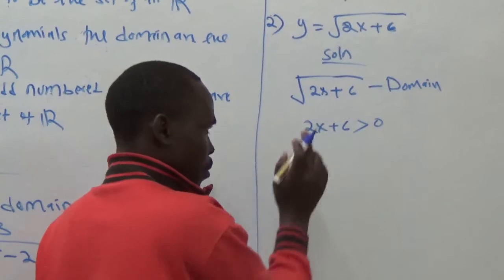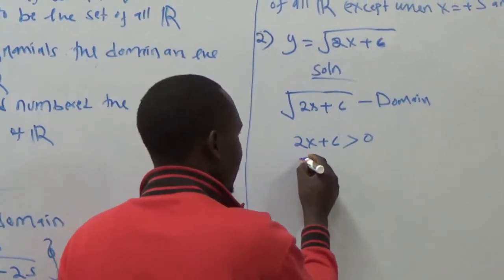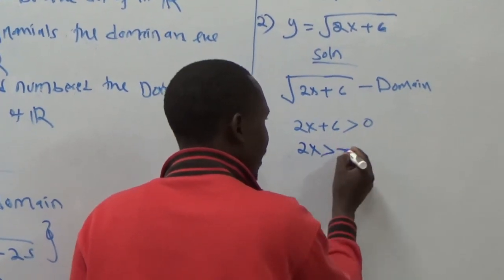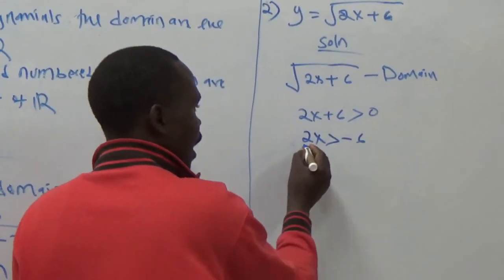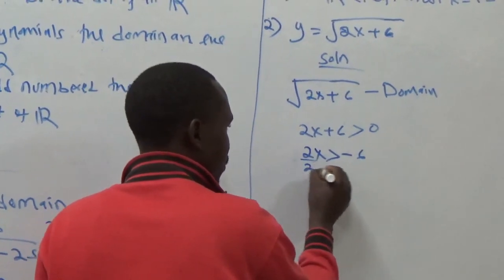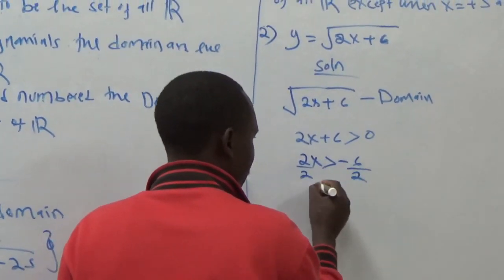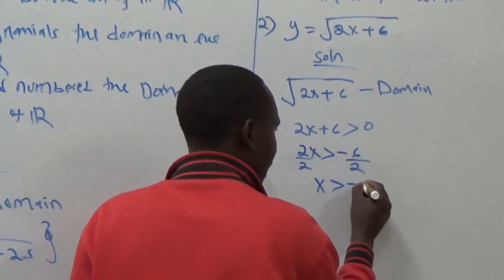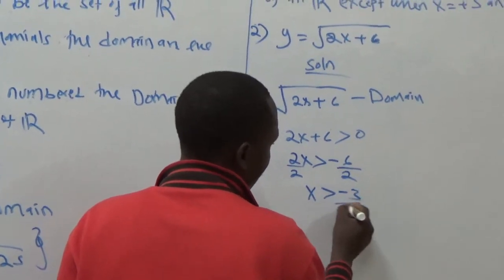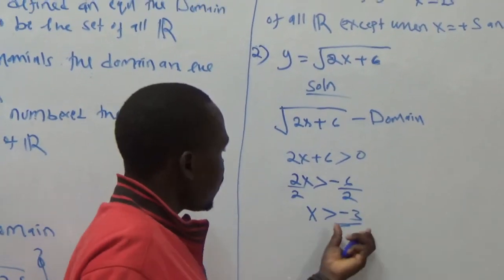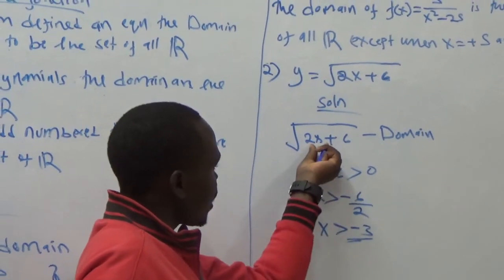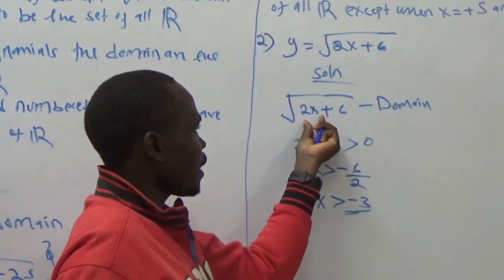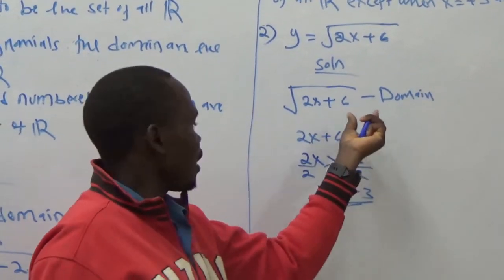Then I will take positive 6 to the other side. It will be 2x greater than negative 6. Then I divide everything by 2, so x must be greater than negative 3. If we substitute the value of x here, it will be negative 6, and negative 6 plus 6 will be 0.